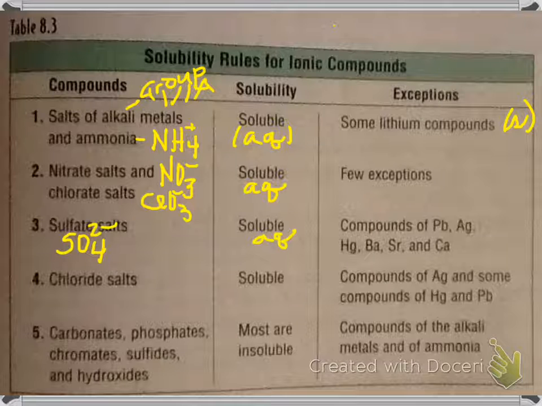If this is an exception to being soluble, that means that for these compounds listed here, I'm going to put a solid state of matter. So if it is a lead sulfate, a silver sulfate, a mercury sulfate, a barium sulfate, a strontium sulfate, a calcium sulfate, I'm going to put that it's a solid.